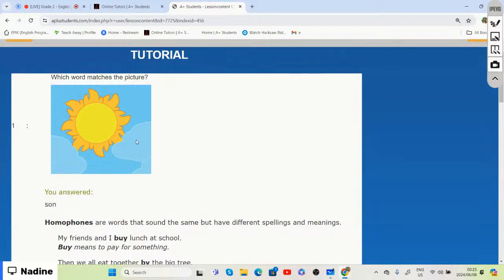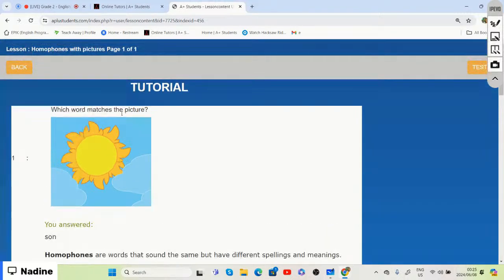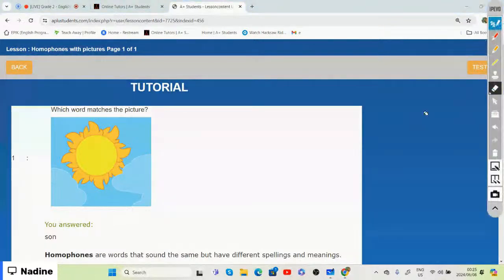So we can even look at the word like sun. We can use sun as a word, or we can even say son with an S-O-N.